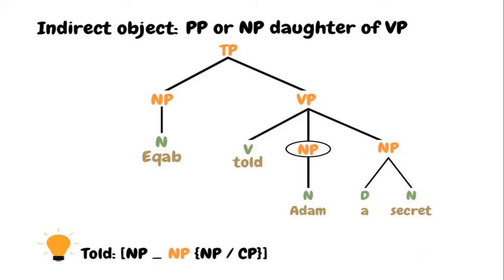Now, when we have a verb that requires two objects, like told, then the first object in the feature, which is the NP, is the indirect object. So in the sentence, Agab told Adam a secret, here the NP Adam is the indirect object.